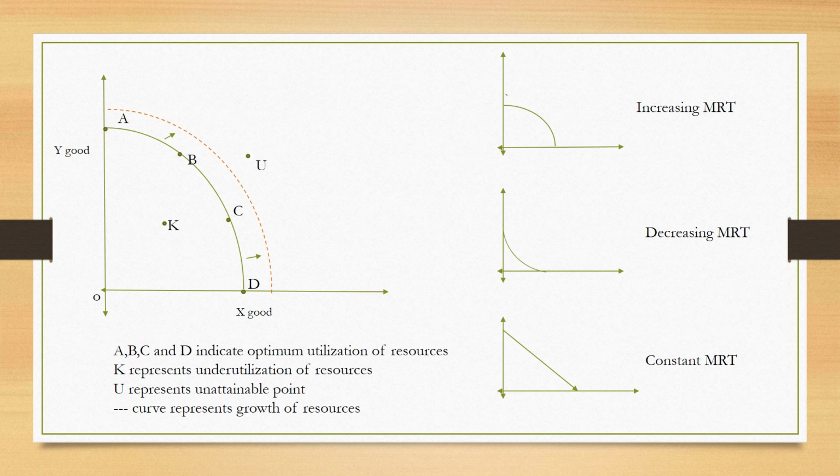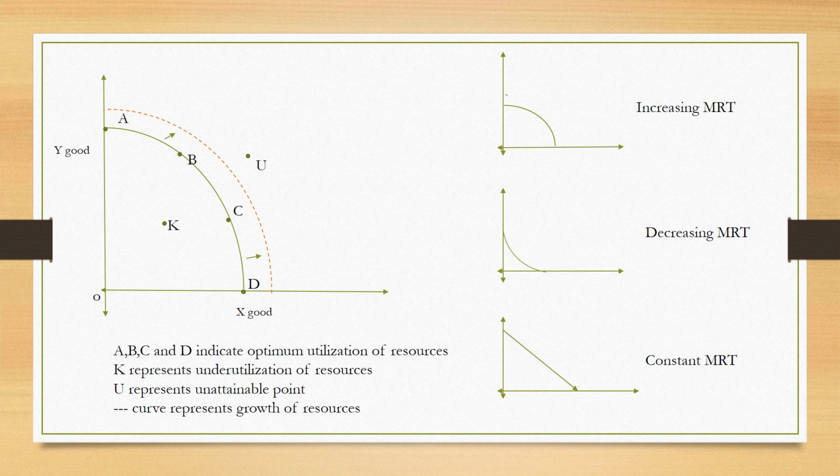Now let us see the production possibility curve and whether the economy will operate inside, on, or outside the PPC. What does it mean? You have drawn a production possibility curve, the bold line with A, B, C, D combinations, and these A, B, C, D indicate optimum utilization of resources.